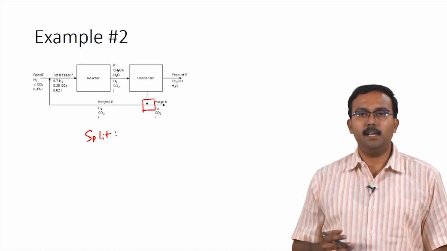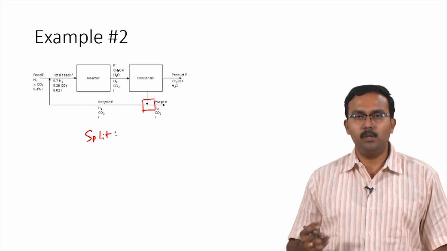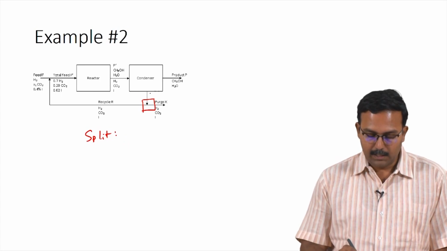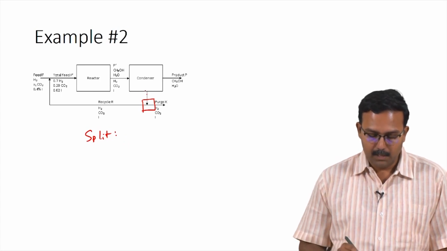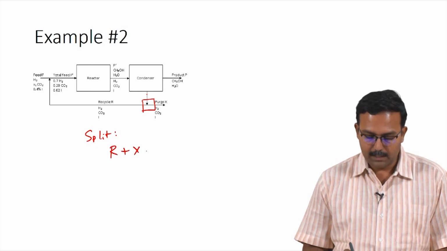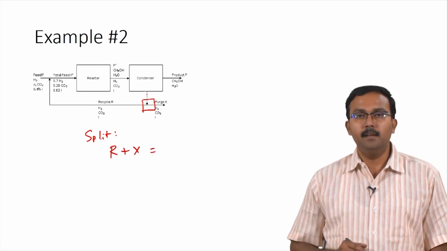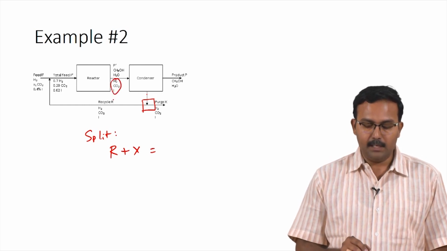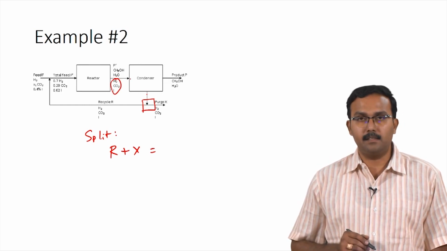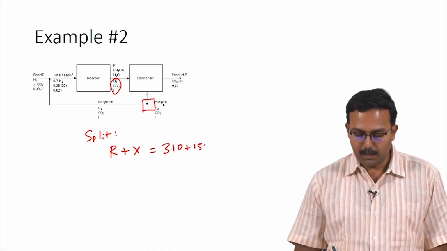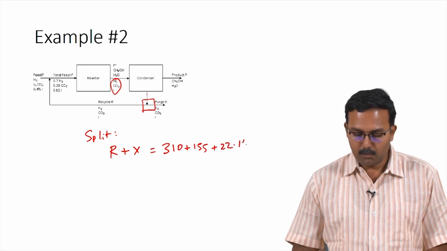So, here we can write a mole balance for the total moles entering and leaving the system. The moles which are leaving are through R and X, so the output is R plus X. The input here would be all the components of hydrogen, carbon dioxide and inerts which are entering into the condenser, which we already calculated as 310 plus 155 plus 22.14.